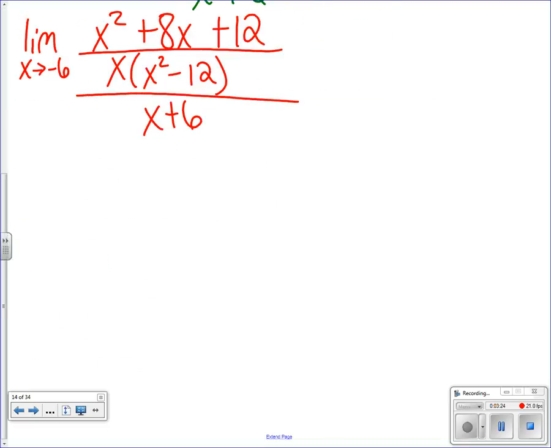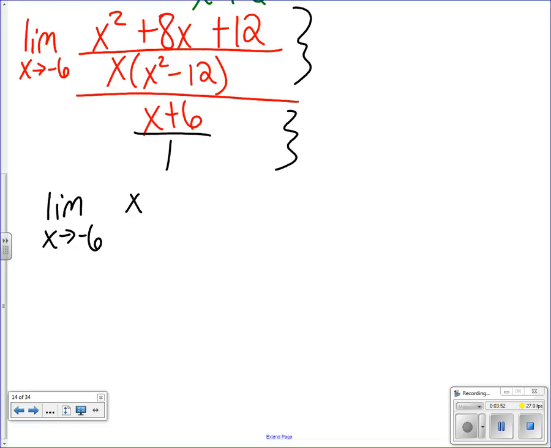So now at this point, we have a fraction. This is considered to be just the one fraction over really a bottom fraction. So what I'm going to do is actually rewrite it, not changing it.